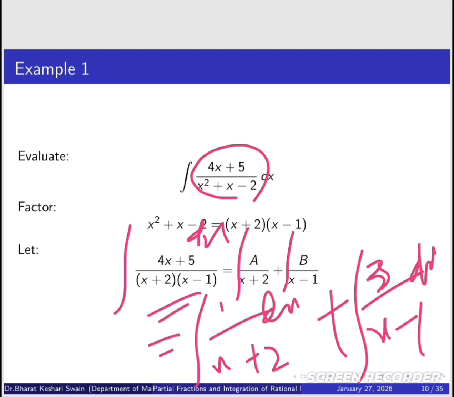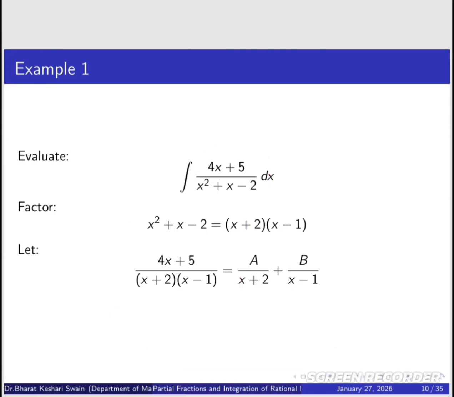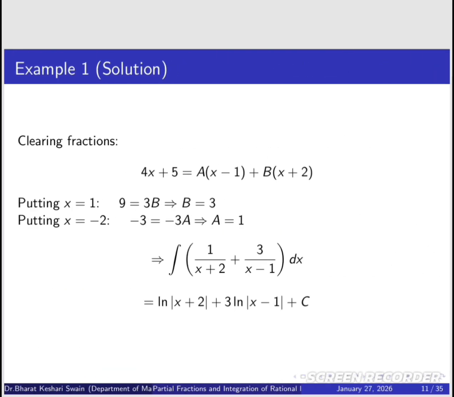This is ln |x plus 2| and this is 3 into ln |x minus 1|. So the answer is ln |x plus 2| plus 3 ln |x minus 1| plus c, where c is the integration constant. So after getting the constants, it will be very easy to integrate the given fraction.